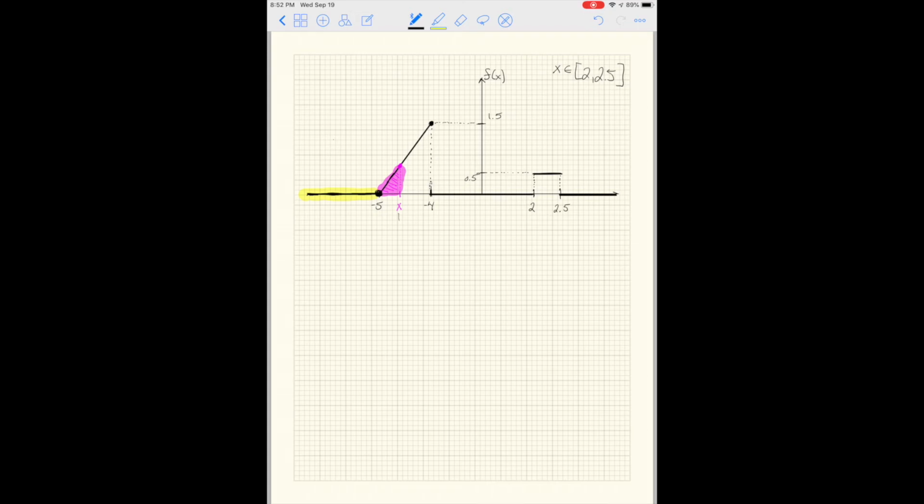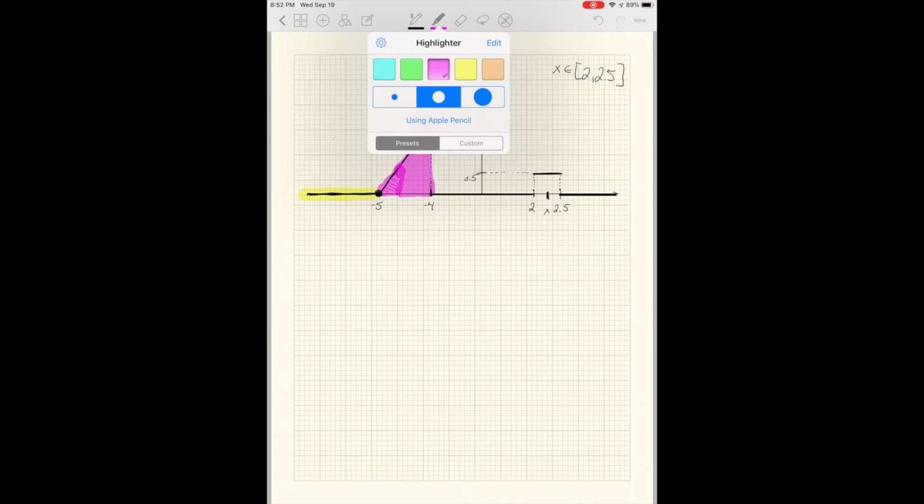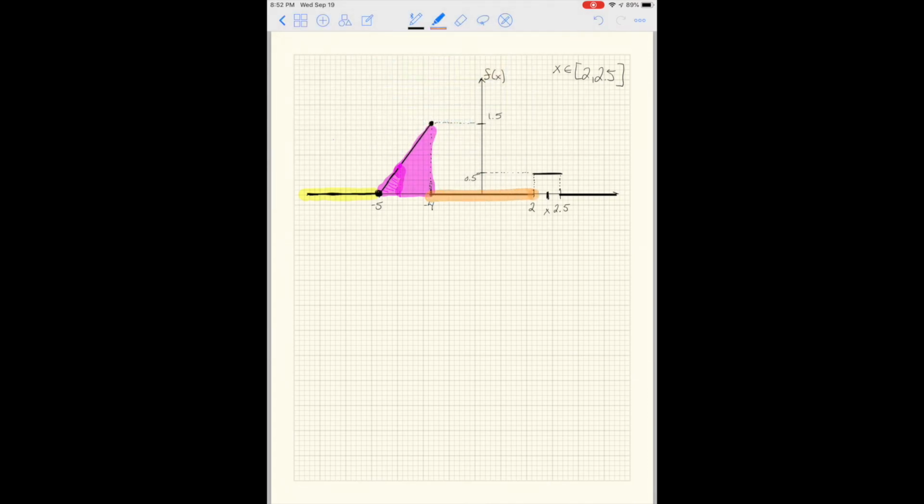And so the magenta region has already been filled up. And the x that we're working on is some x that's right here. And so we've had no contribution in between here.